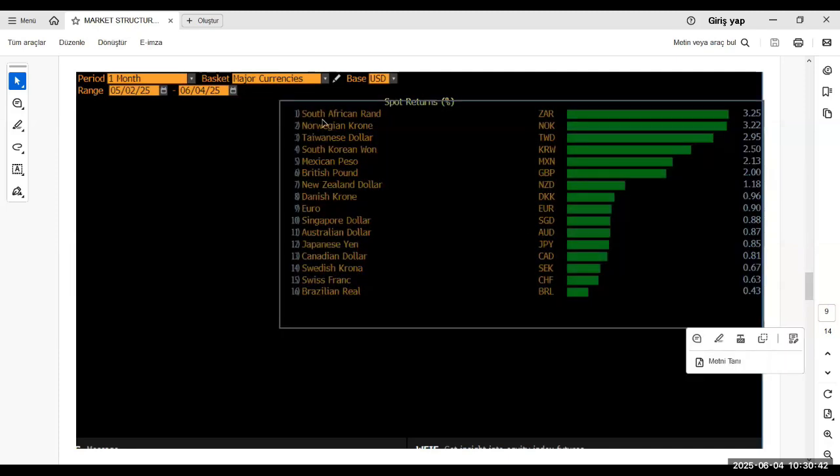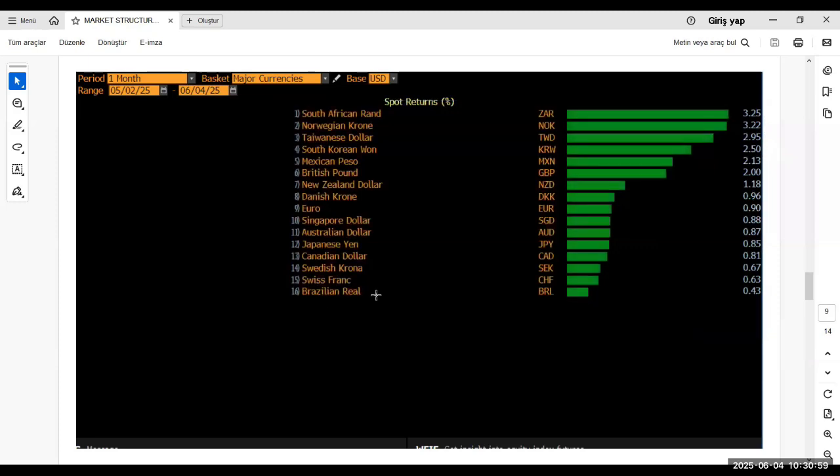The biggest winner from this is the South African rand, with approximately 3% appreciation. Norwegian krona 3%, Taiwan dollar 3%, South Korean won approximately 2.5%. The least is the Brazilian real, as you see, 0.45. The euro during 1 month appreciated against the United States dollar by around 1%.